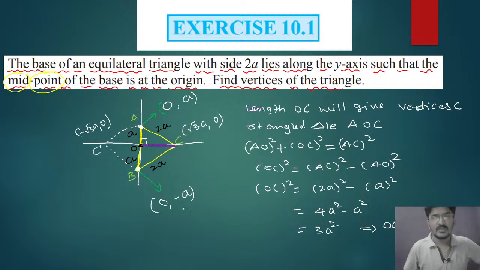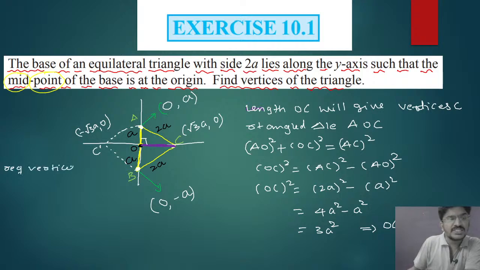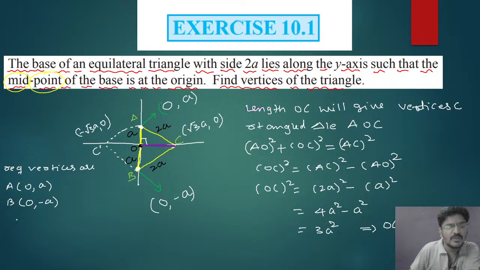Okay. Now the required vertices are, that is A of 0 comma A, B of 0 comma minus A, C of root 3A comma 0, and vertices D is minus root 3A comma 0.